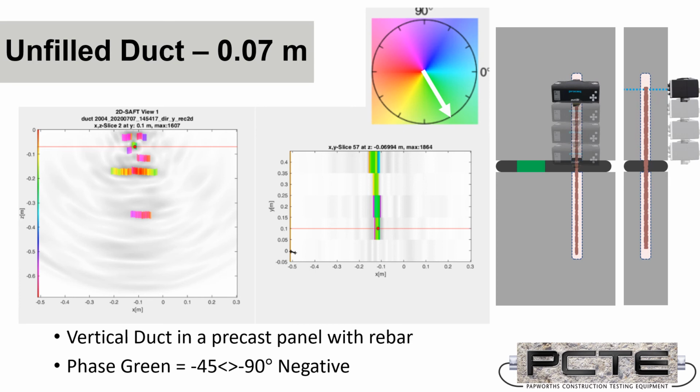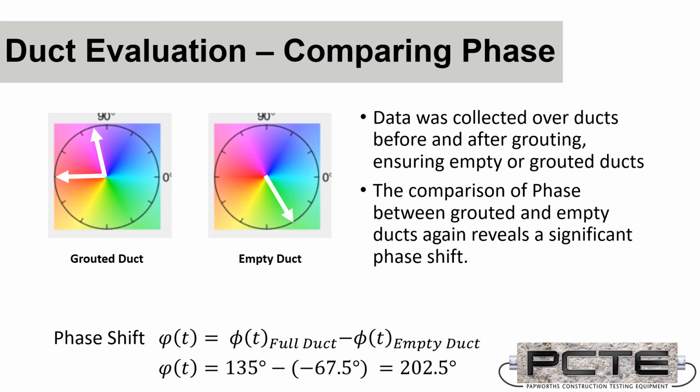So we can compare our two results now, and we can see that the average phase is between the two, 90 to 180. Call it positive 135 for the completely filled duct, the duct with successful grouting, compared to an average of -67 degrees for the empty duct.